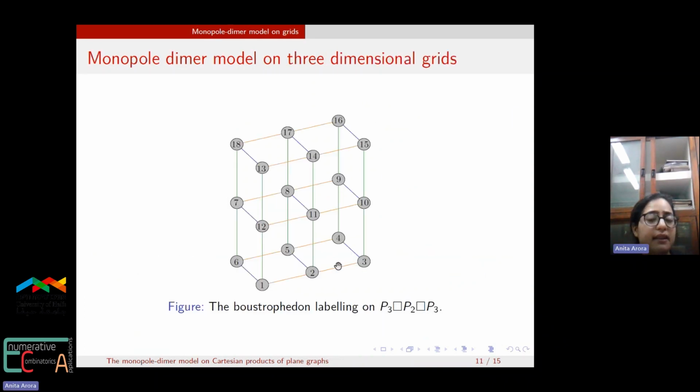Now let us consider a three-dimensional grid example, which is also a Cartesian product. This is a Cartesian product of P3 with P2 with P3. It has a labeling 1, 2, 3, 4, 5, 6, 7, 8, 9, 10, 11, 12. So it's a snake-like labeling, and it is called the boustrophedon labeling.